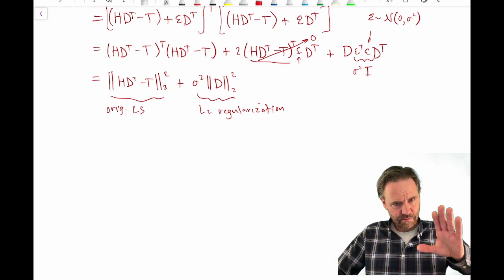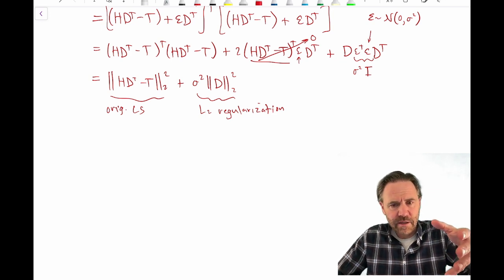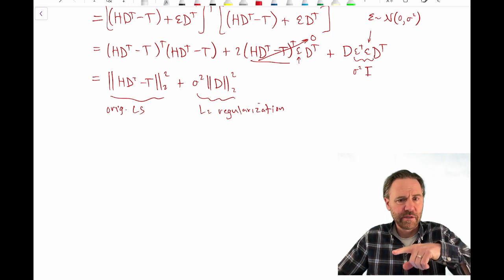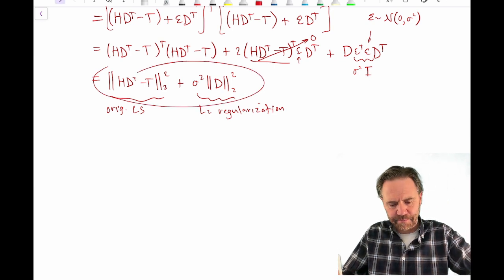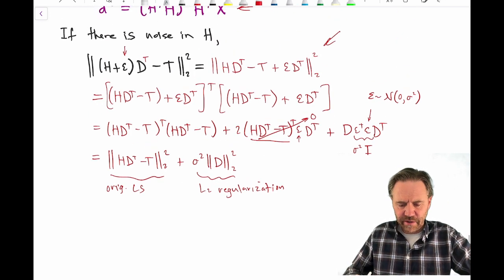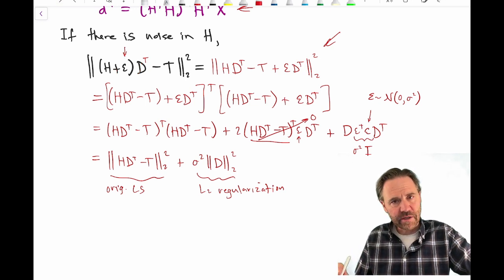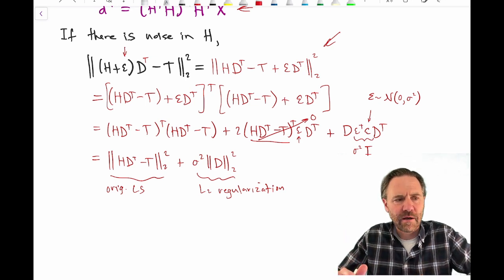So the point of all this is that it can be helpful and stabilizing to add a bit of noise to your hidden layer activities before you put them into least squares. So instead of solving this problem down here, you are effectively solving it by adding noise to your hidden layer activities first before you ask for the least squares solution.